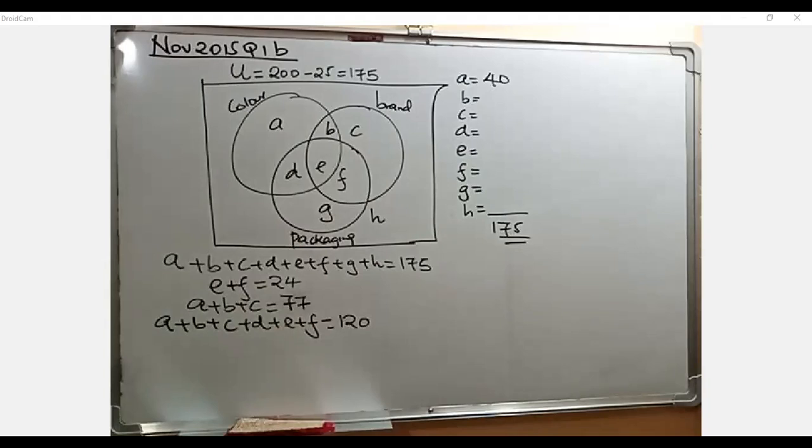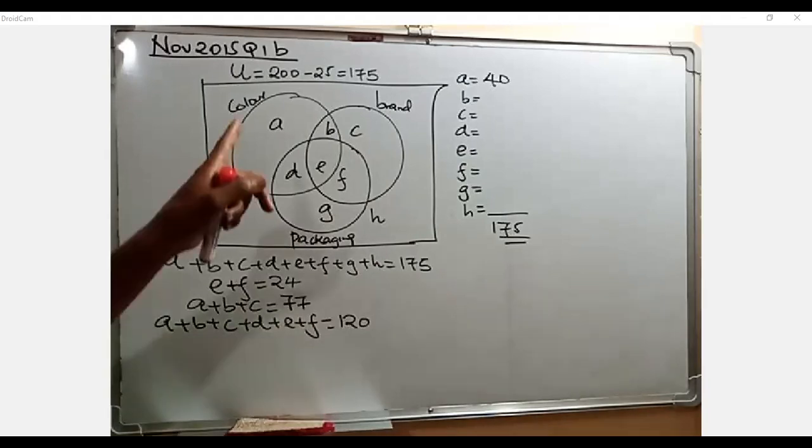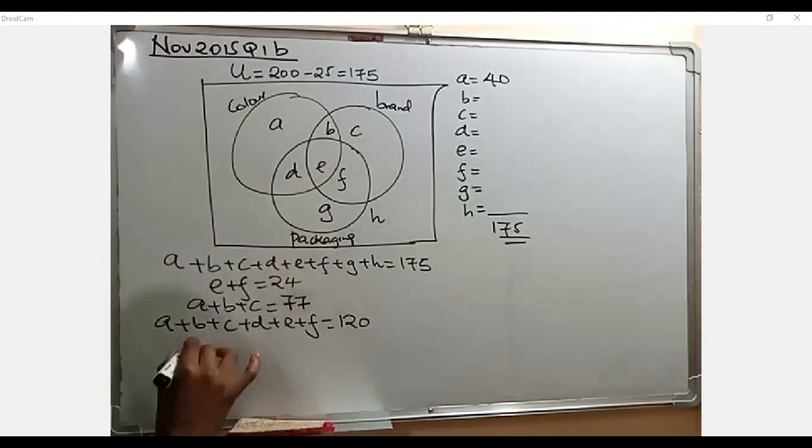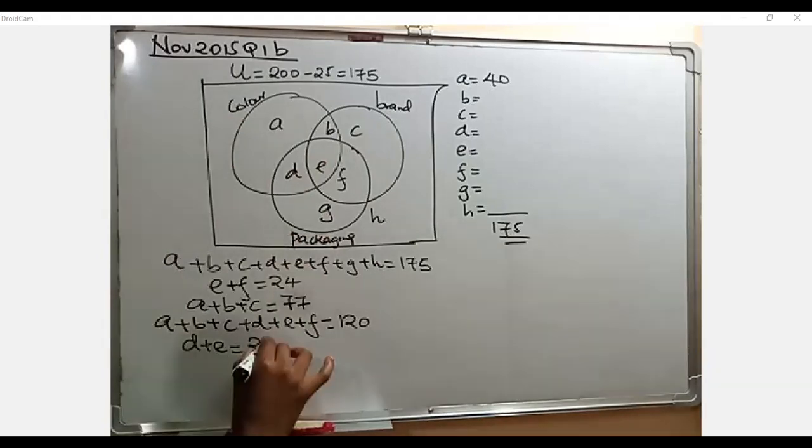The other one after 120, we are being told 23 persons like the color and the packaging. When you look at color and packaging, what they are sharing is D and E, which should be equal to 23. The next one, 43 persons like at least 2 of the 3.